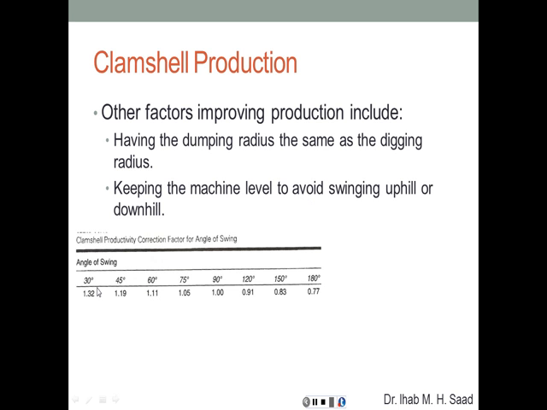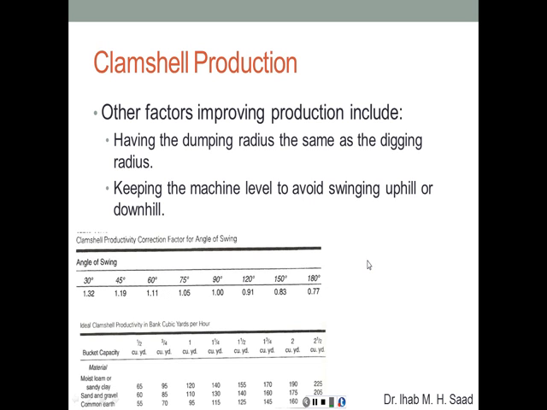So again, with the larger angle of swing, we're going to have different correction factors. The lower the angle, the better. The higher the angle, the lower the production. And again, for different types of soils, we are going to have different production rates for the different sizes of the buckets.